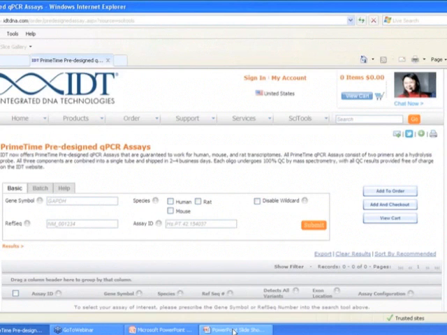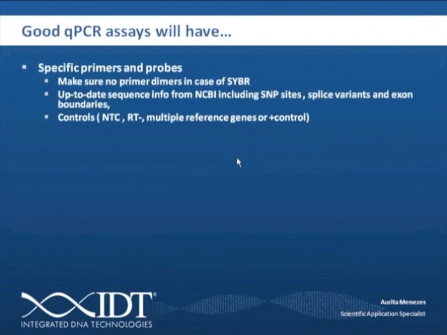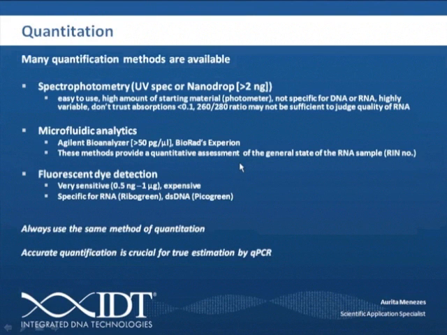Sorry, were you saying a RIN number? What's a RIN number? So Agilent and Bio-Rad, they're not IDT, but they sell these microfluidic instruments. It's actually like a capillary electrophoresis where you separate out your sample, and it not only measures the RNA. It has a formulation depending on the ratio of the 28S, 18S, and 5S, and they can give you a quantitative assessment of your RNA.